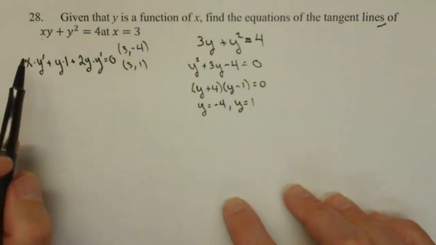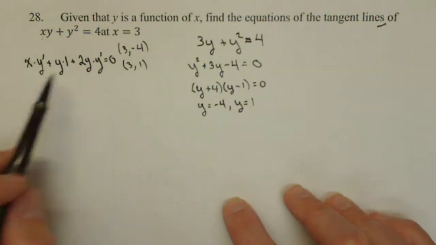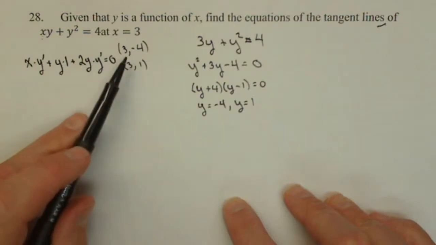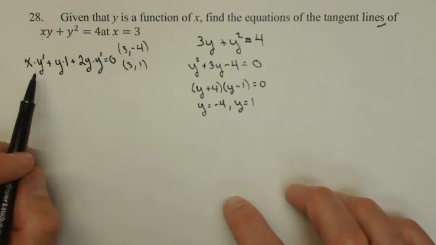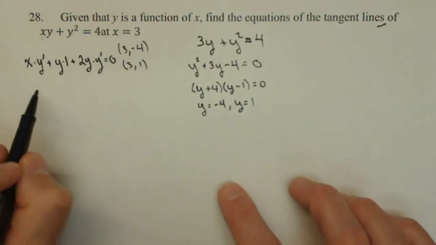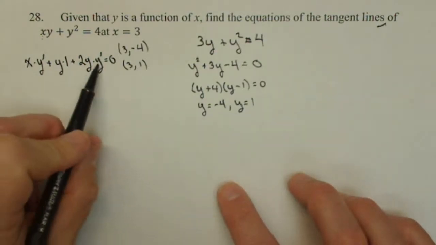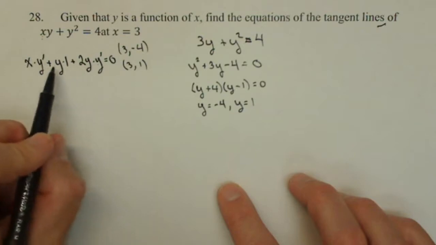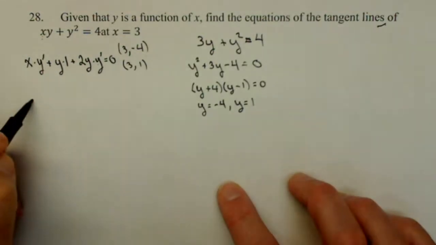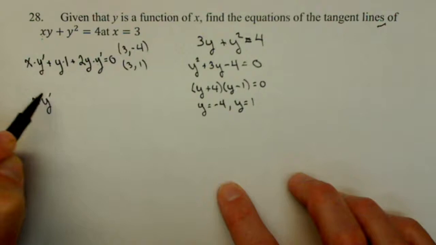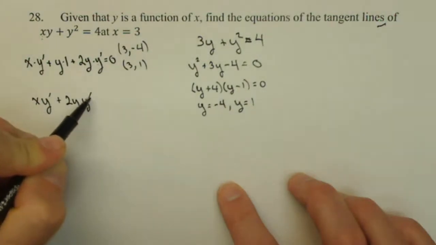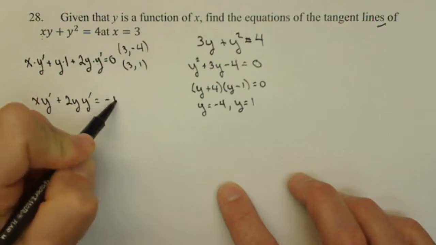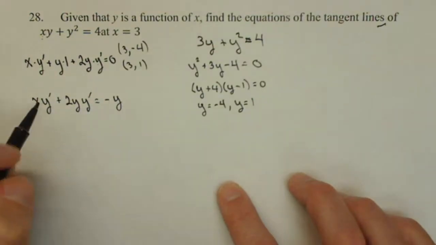Now, I do need to solve this for y prime. Because we're doing it at these points, we'll go ahead and save plugging the points in until last. Let's solve for y prime, and then we'll deal with plugging the points in. So I want to get the terms with y prime on one side, the terms with y on the other. So I got xy prime plus 2y y prime equals -y.